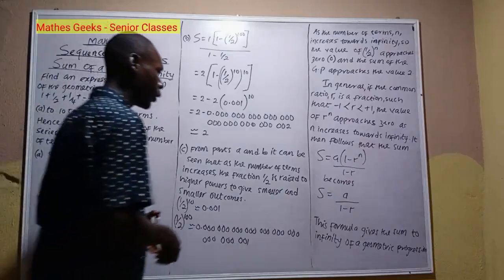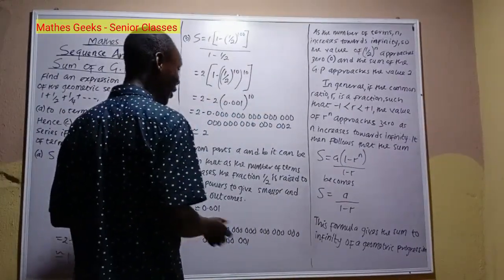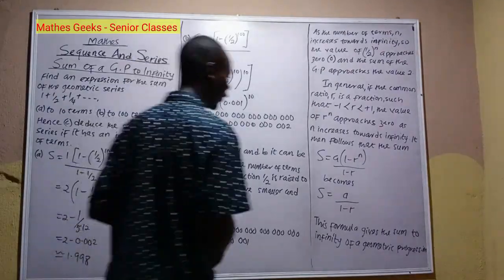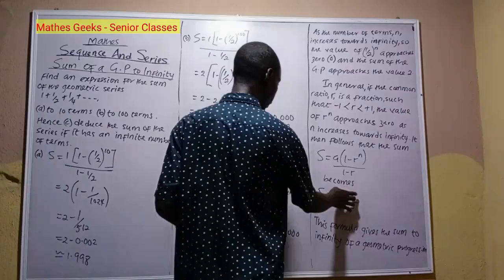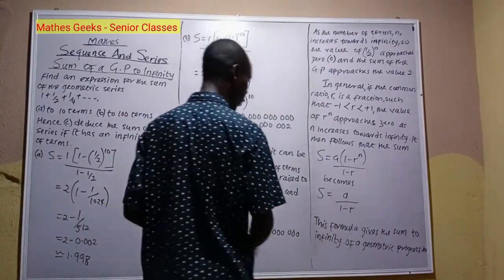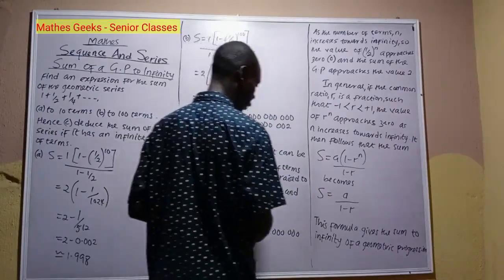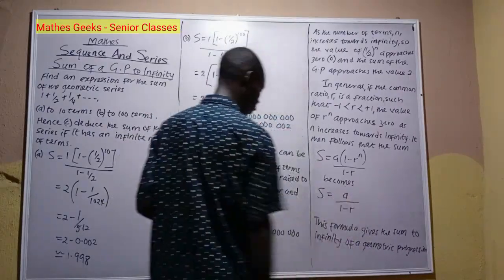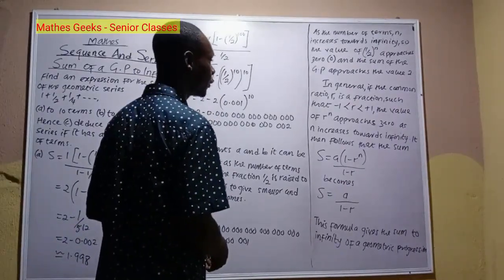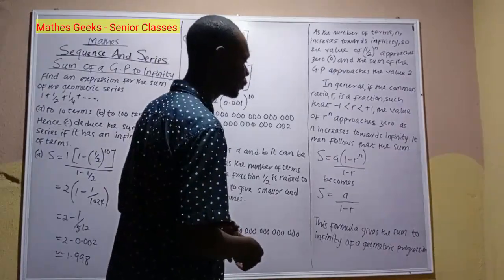So when a series tends to infinity, the formula we use is the sum of the terms that make up a GP to infinity. The condition is that the common ratio must be greater than -1 but less than +1.